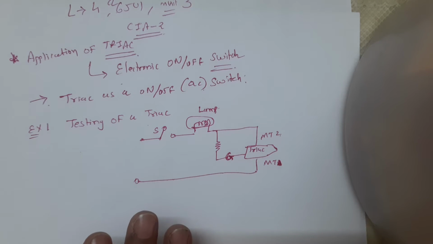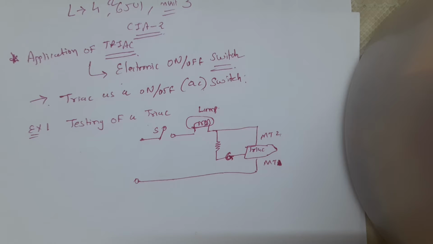There are two methods to test whether the triac is right or wrong. When the switch S is closed, the lamp should not light for the triac to be good. It is because voltage is applied only between MT2 and MT1, but there is no trigger voltage. If the lamp lights on, then the triac is shorted.